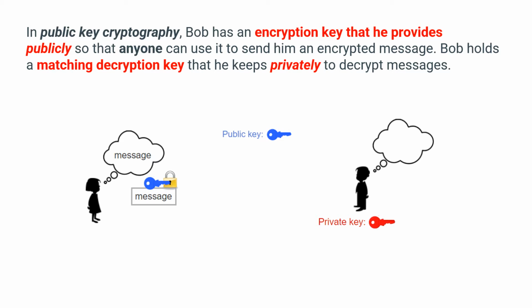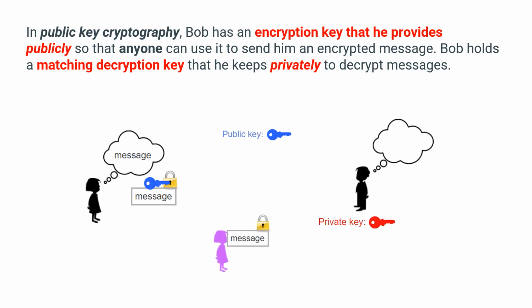Anyone can encrypt any message they want to send to Bob. But only Bob holds that matching decryption key, and he holds that privately, so no one else knows about that. And that's what's great about this. He doesn't have to communicate that to anyone. Only he has to know that private key that's going to unlock a message.